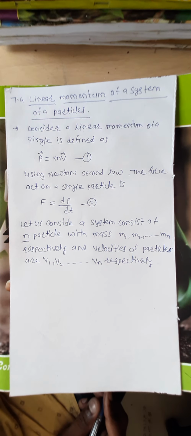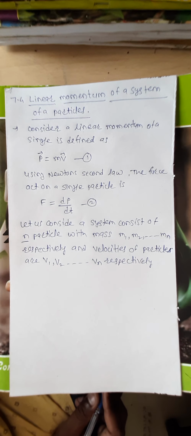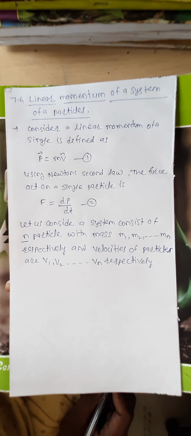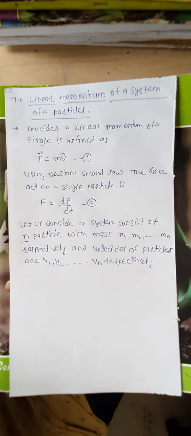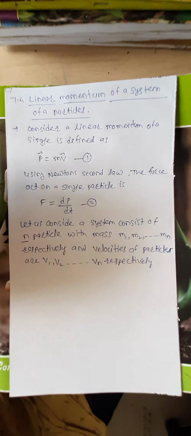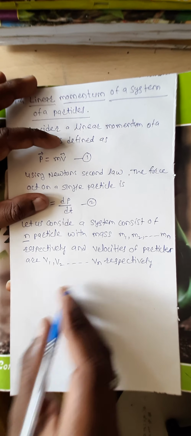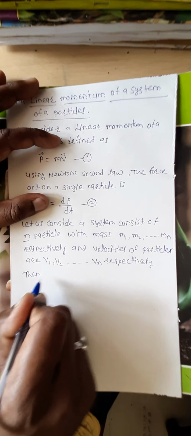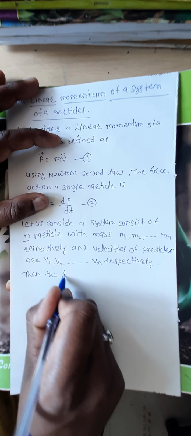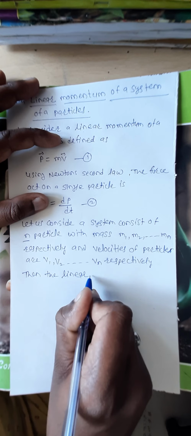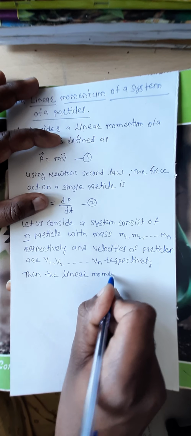The system consists of a number of particles having masses m1, m2, m3 up to mn, and all particles move with velocities v1, v2, v3 up to vn, respectively.